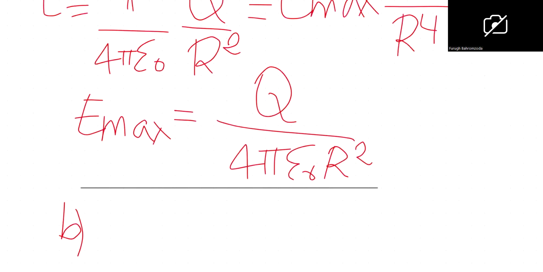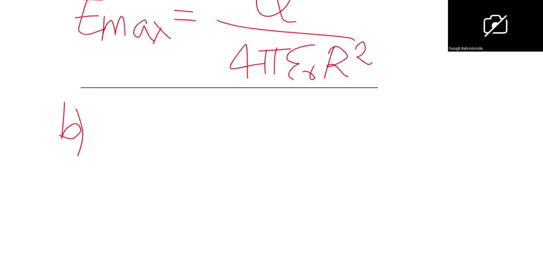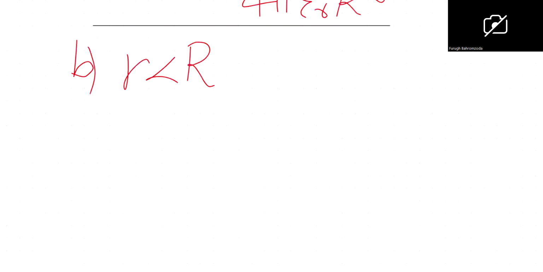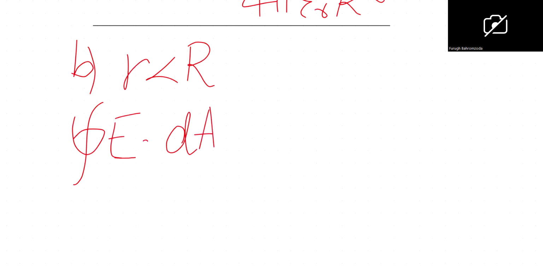In the second part, we will also be applying Gauss's law to the surface where r small is smaller than R big. And we will start by applying Gauss's law. Gauss's law states that the integration of the electric field multiplied by the derivative of area equals Q enclosed inside our object divided by epsilon 0.